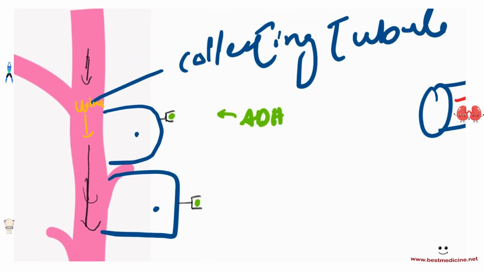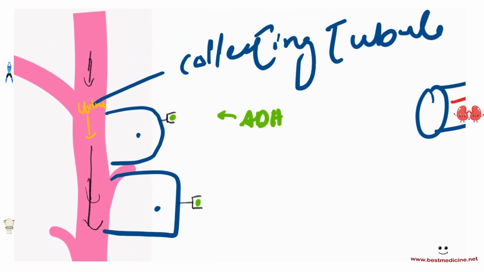Now they stimulate the cell. ADH stimulates the cells to send channels for water to move back into the body, right? Again, ADH stimulates cells to send channels on the side of the collecting tubule to take water back into the body. So channels are going to go over here. Pores are going to form for water, so that water can move from the urine back into the body.